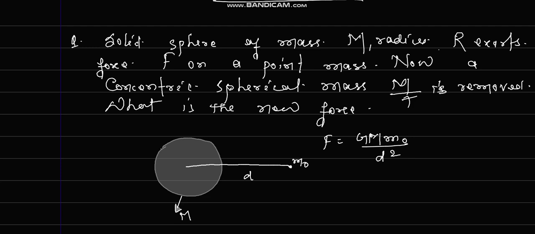Now when you remove the mass, let us remove a concentric sphere, and this is important, the sphere has to be concentric. If this is the center, we are going to remove mass from here.